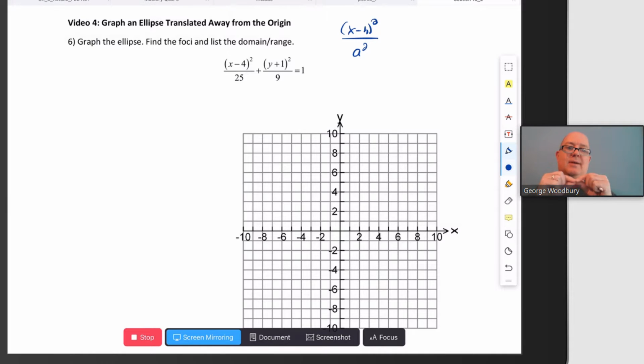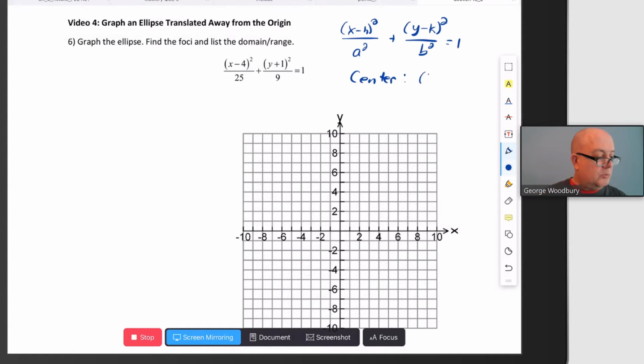This is going to have a horizontal major axis because the number underneath x squared is larger than underneath y squared. Plus y minus k squared over b squared equals 1. So h and k are the center for this ellipse.